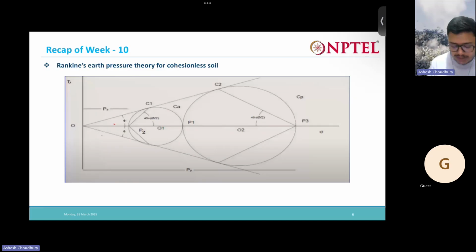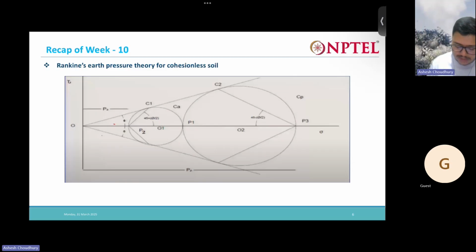Rankine considered that in his analysis. Later, Coulomb extended Rankine's theory by considering the friction between the backfill and the retaining wall surface, and also other factors like the inclination of the backfill soil.